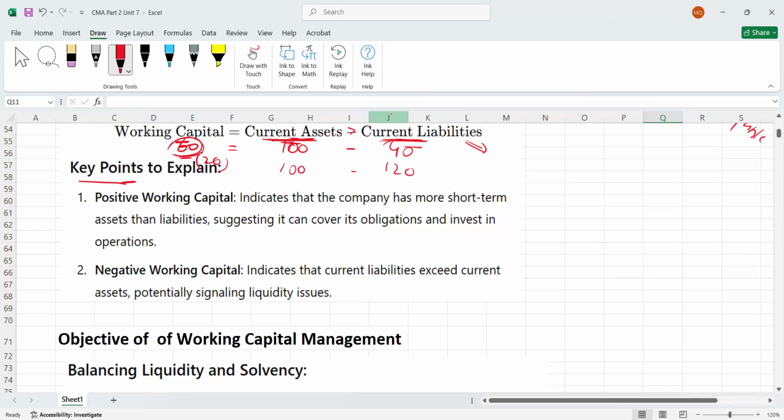Whenever you are in this position, it means you may have some liquidity issues. Maybe you would not be able to settle your current liabilities, and there could be the risk of default as well. So these are the key points.